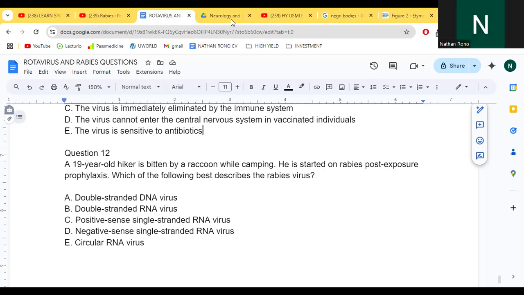But there are other, better ways than amputation of the arm. The post-exposure vaccines work. So amputation, not really. In microbiology, there are certain microorganisms that affect solely a limb.